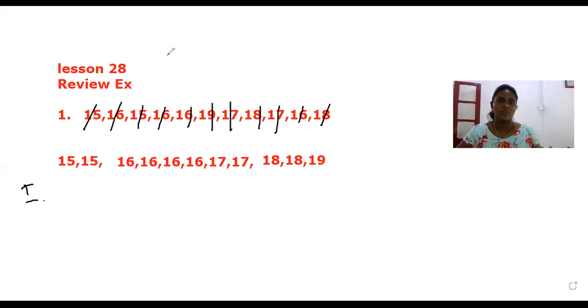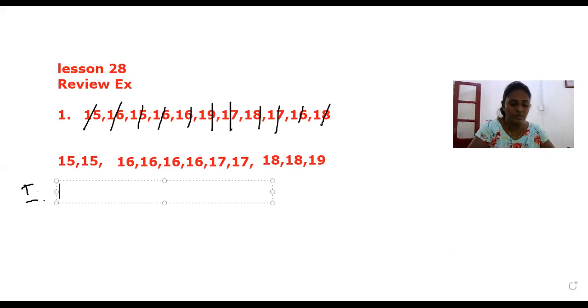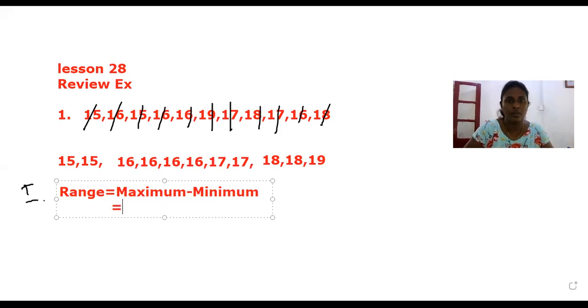The range. How do we find the range of a given distribution? From the maximum value, you subtract the minimum value. According to this, maximum is 19, minimum is 15, therefore range is 4.